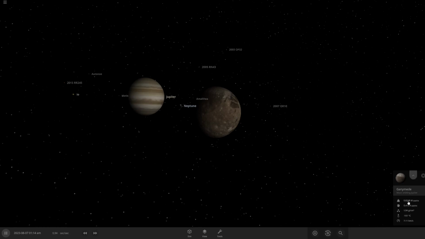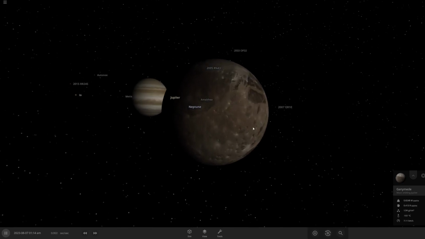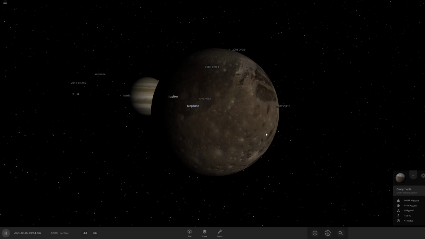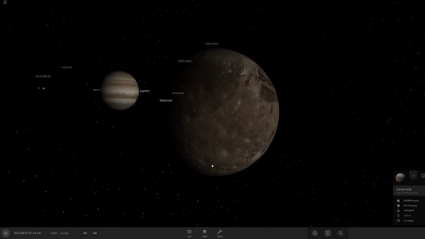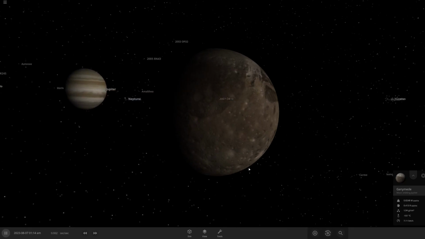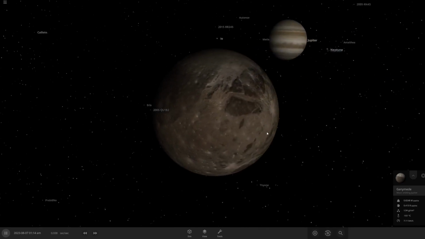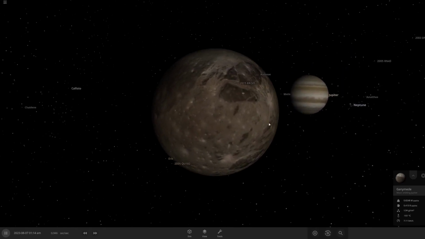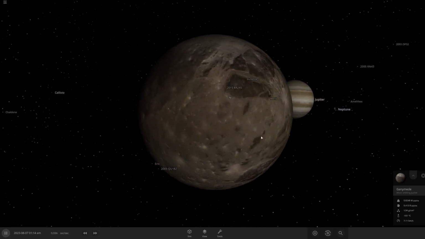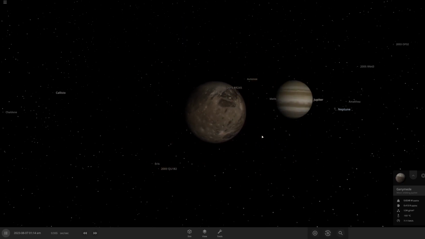Only 2.4% as massive as Earth. Ganymede is made mostly of light rock and ice, so it wouldn't have as strong gravity as Earth. But its size, even larger than Mercury, makes it so interesting.